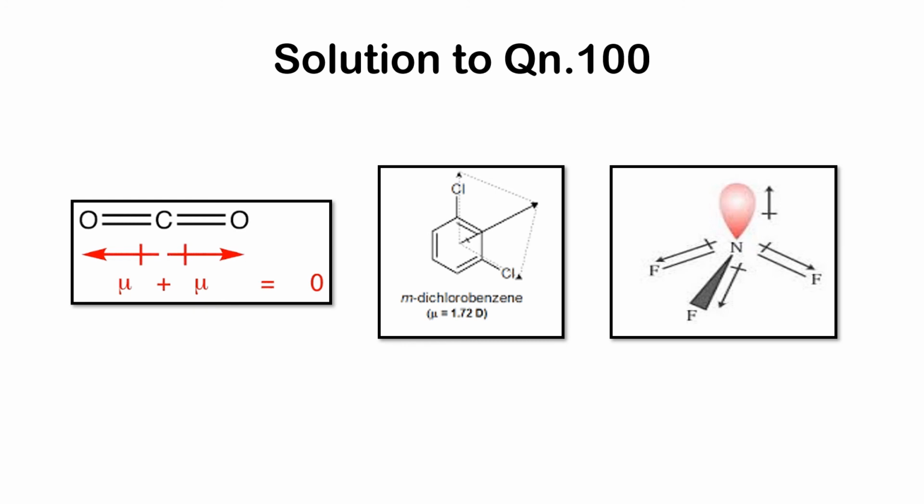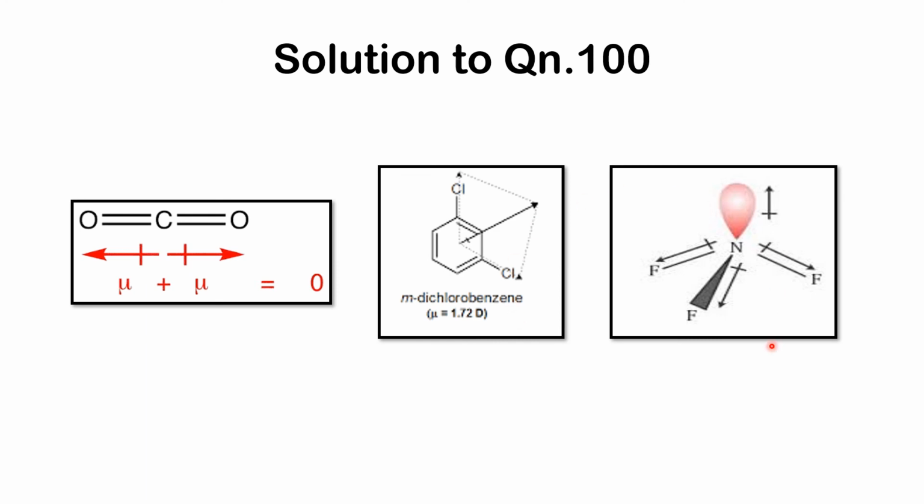Carbon dioxide from carbon towards oxygen, from carbon towards oxygen, ரெண்டு dipole moments equal but opposite. So ரெண்டு cancel ஆயிடும். Net dipole moment equal to 0. 1,3 dichlorobenzene from carbon to chlorine, from carbon to chlorine. So cancel ஆக போறதில்ல. So இங்க net dipole moment will not be equal to 0.